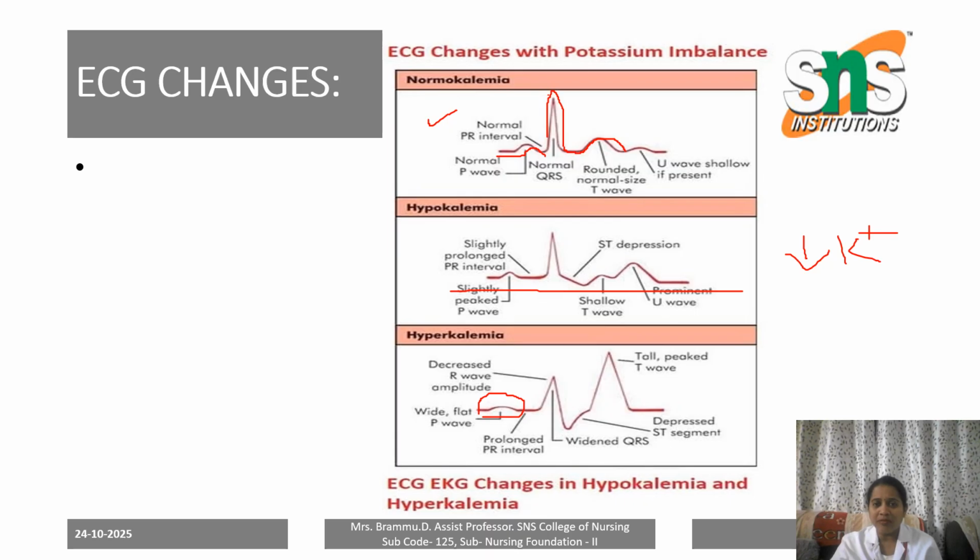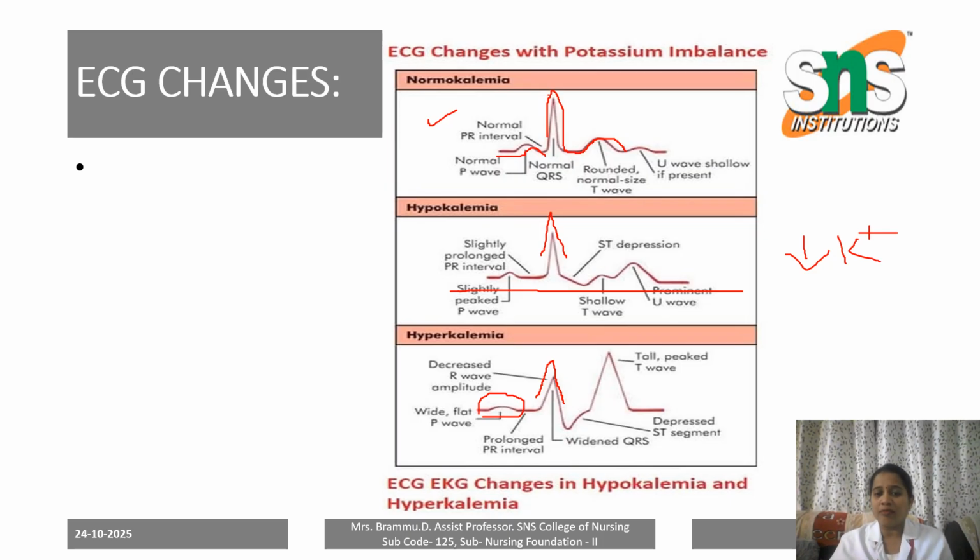In a normokalemia, it is highly elevated, you can see the positive deflection is very good. But in case of hyperkalemia, the QRS, that is the R wave, is very small. The amplitude is very less.